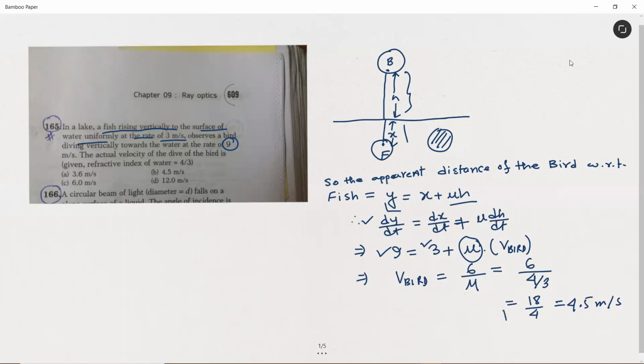This is an example of how to solve apparent depth problems. These kinds of questions frequently come in NEET. So let's move to the next question.